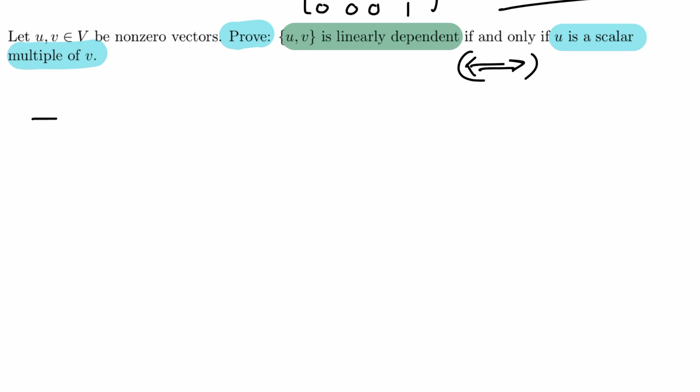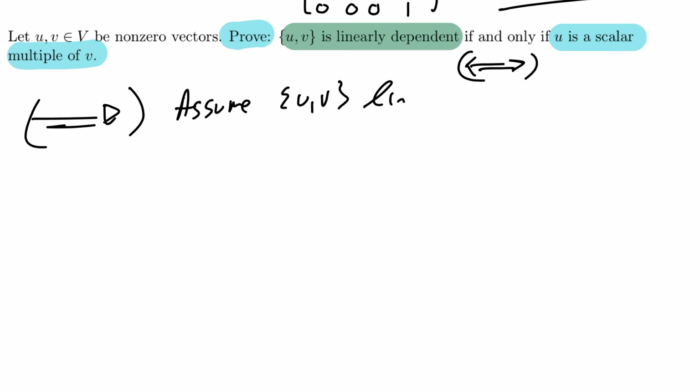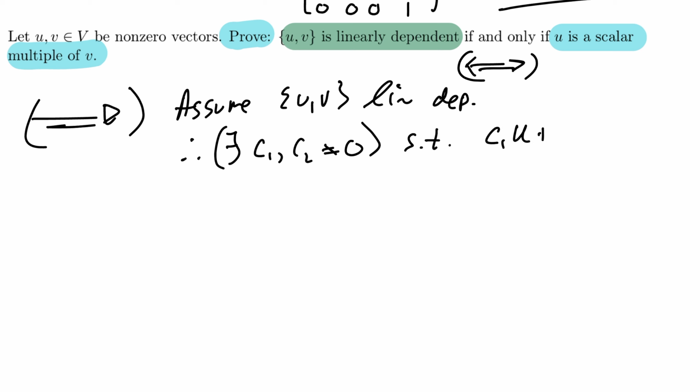So let's go ahead and try to prove this one way. I'll assume that U, V is linearly dependent, and I want to prove that U is a scalar multiple of V. Well, if U, V is linearly dependent, therefore there exist coefficients C1 and C2, at least one of them not equal to 0, such that C1 U plus C2 V is equal to 0.